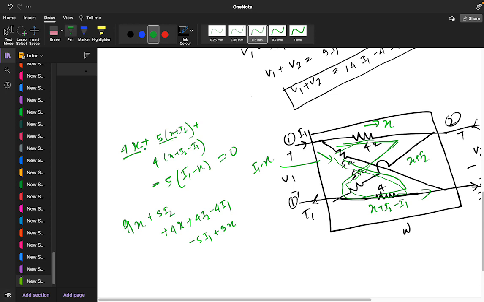So what are we getting? 4x plus 5x, 9x we are getting, 5 I2 we are getting, 4x we are getting, 4 I2 we are getting, minus 4 I1 we are getting, minus 5 I1 we are getting, and plus 5x.